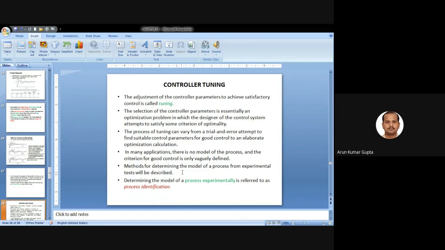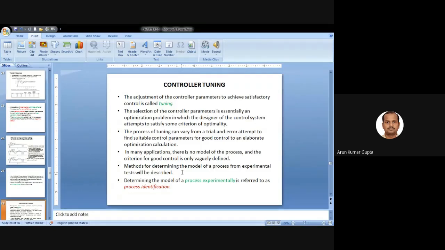Where there is no model, we cannot define the tuning parameter in any way, so then we can do the experiments. We can take different runs, different sets, and check for stability.